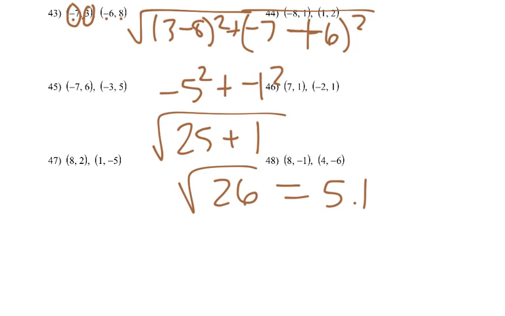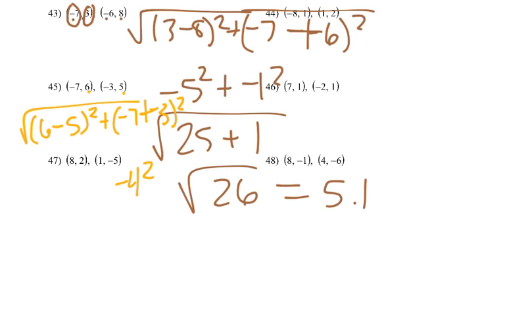Okay, so 45, do the same thing, square root of 6 minus 5 squared plus negative 7 minus negative 3 squared, so we'd have negative 4 squared plus 1 squared. 1 plus 16 would give us 17, square root of 17. Give us about 4.1.